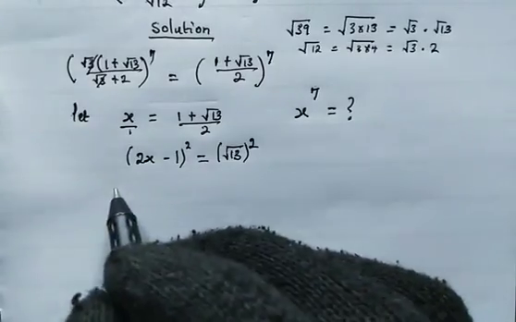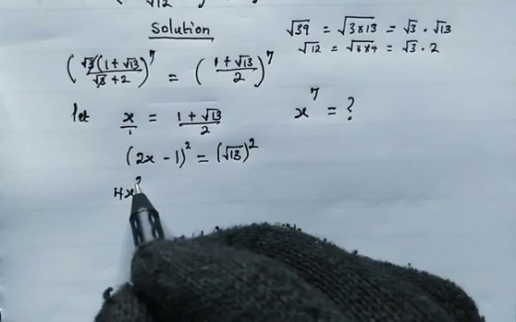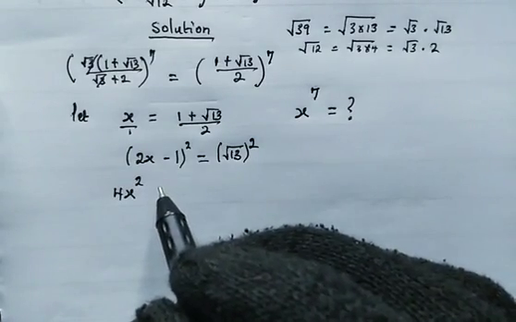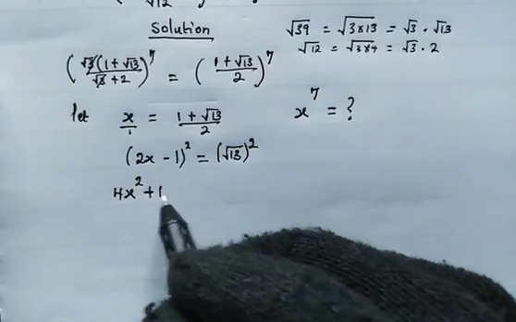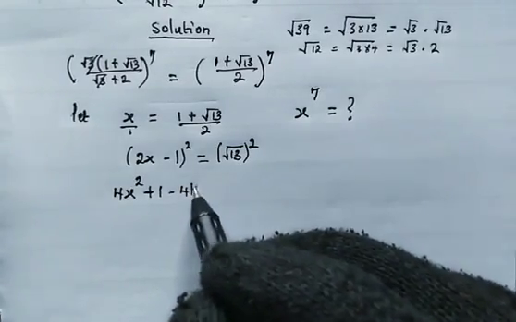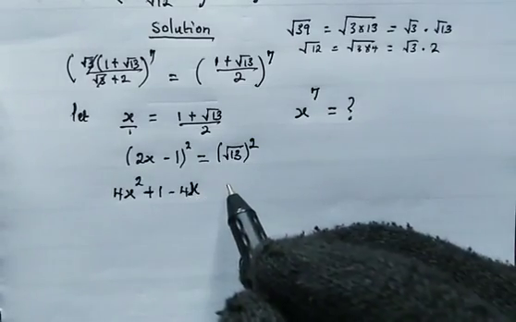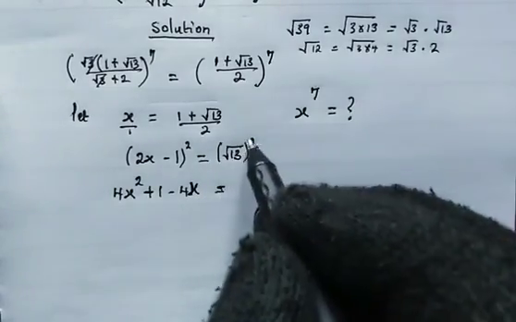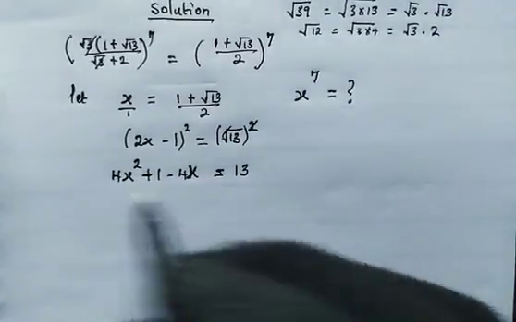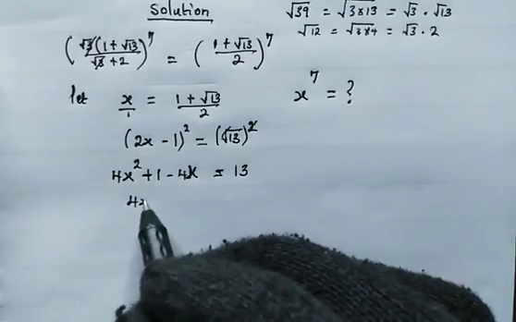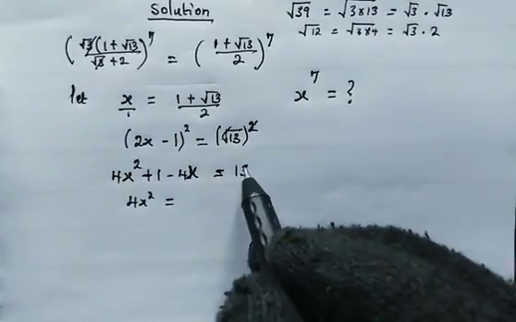Now, from the left here, that is going to be 4x squared plus 1 minus 4x. Then this equals, square and the root cancel, so we have 13. So from here, we get 4x squared plus 1 minus 4x equals 13.